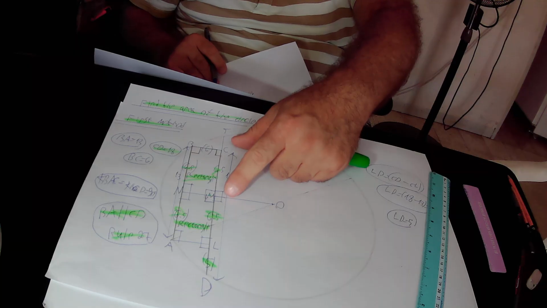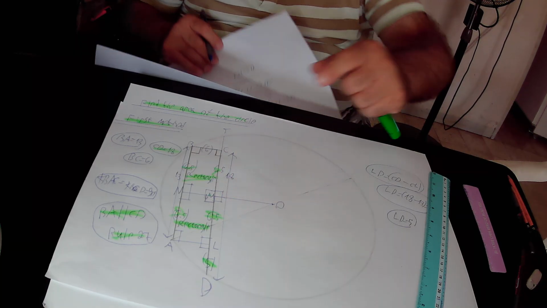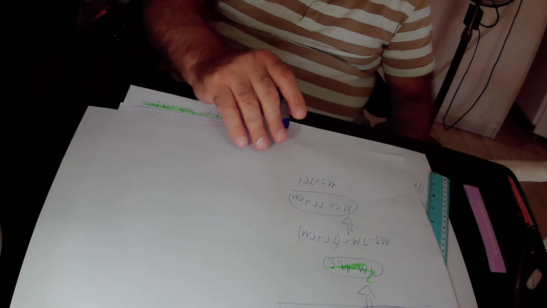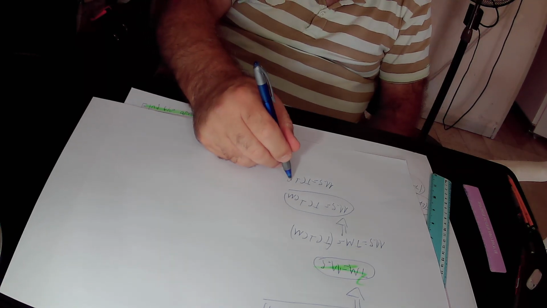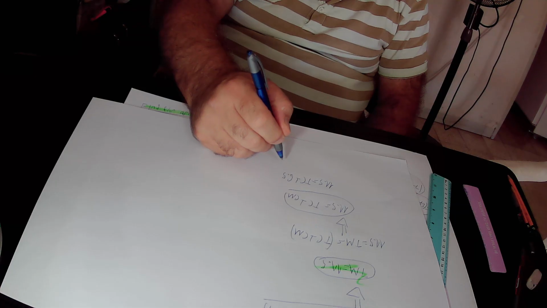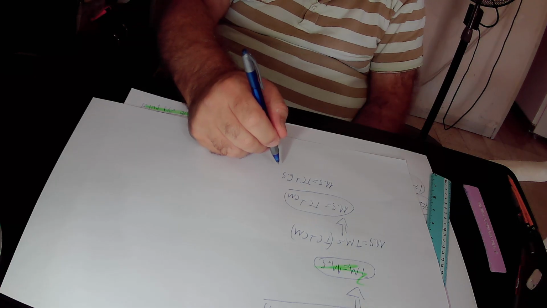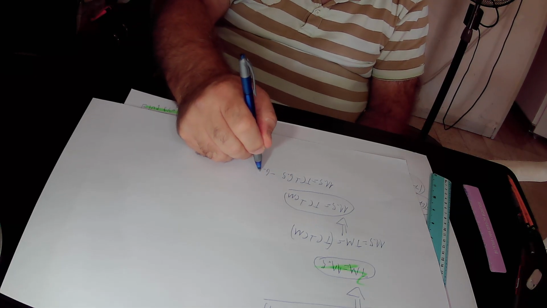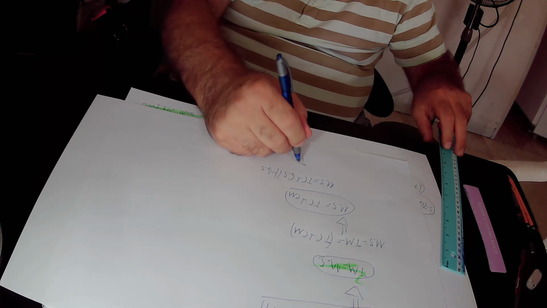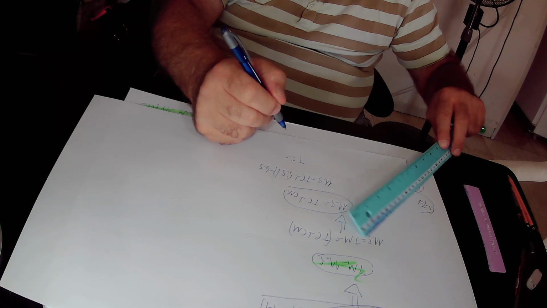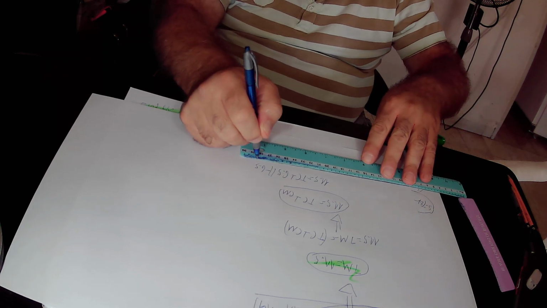But we already found out that CM equals 6.5. Therefore, we substitute CM by 6.5, and we get that 11.5 equals TC plus 6.5. Here we subtract 6.5 from this equation, and we get that TC equals 11.5 minus 6.5, which is 5.